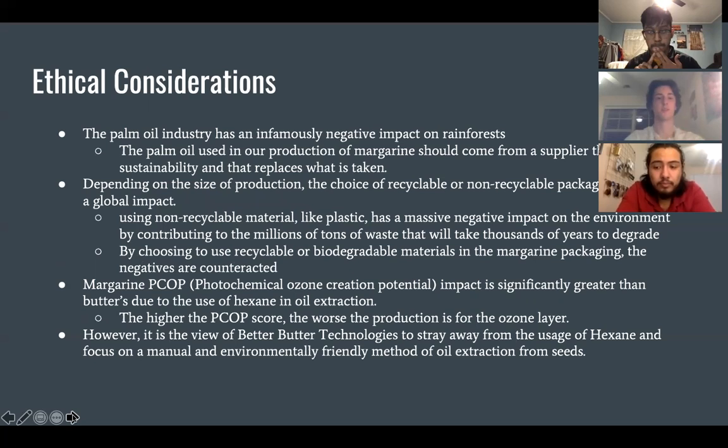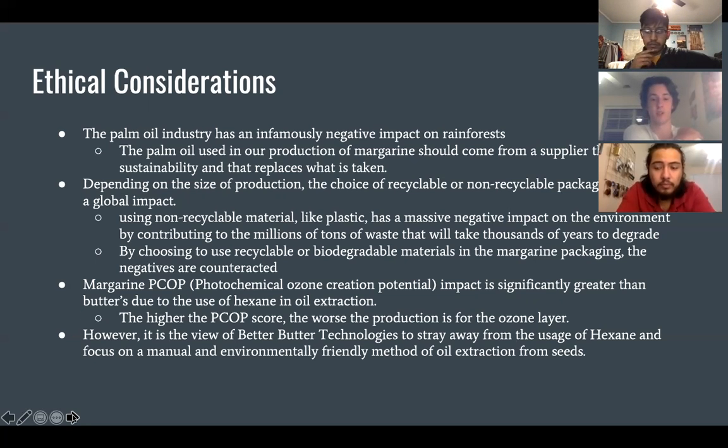All right, the ethical considerations we took into account. Firstly, the palm oil industry has an infamously negative impact on rainforests, specifically in Malaysia and Indonesia. So we want to make sure that our palm oil comes from a supplier that supports sustainability. Also, the choice of recyclable or non-recyclable packaging can have a global impact.